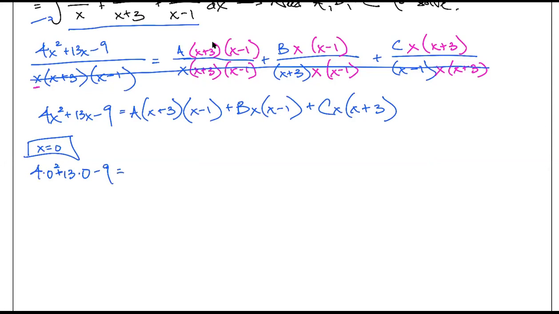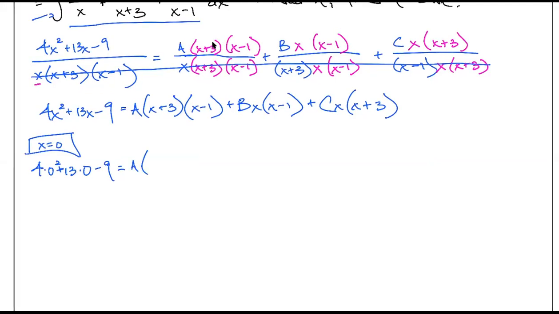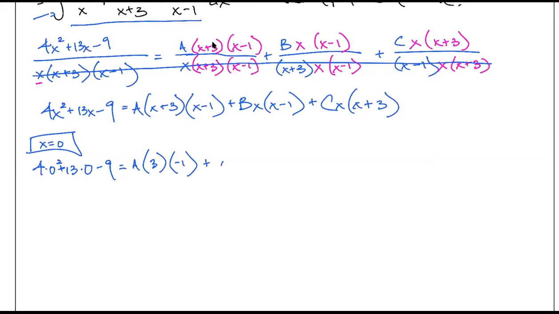And when I plug in 0 on the other side, let's see what we get. A times 3 times negative 1, because I plugged in 0, plus, what happens to the b term when I plug in 0? Becomes 0. It goes to 0, yeah, exactly. So plus 0, and guess what's going to happen to the c term as well? That's going to go to 0.